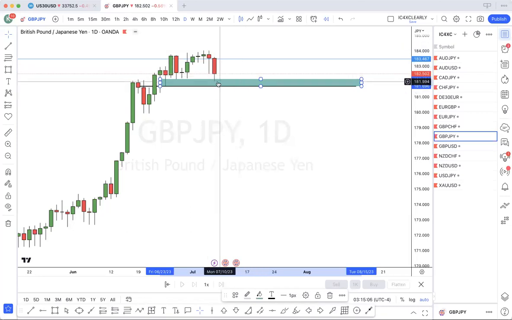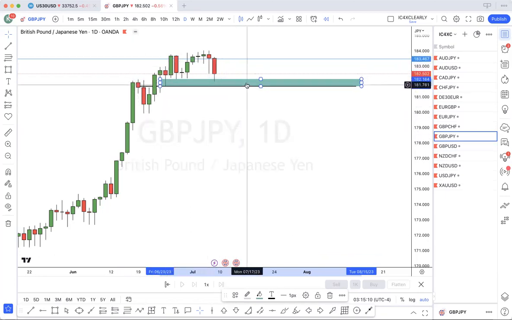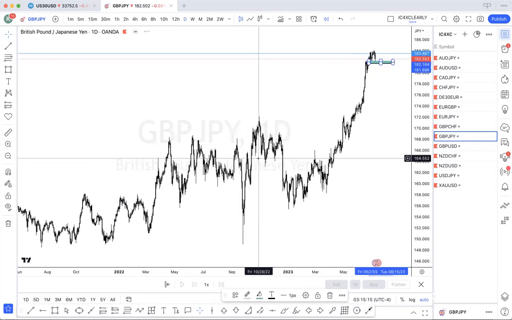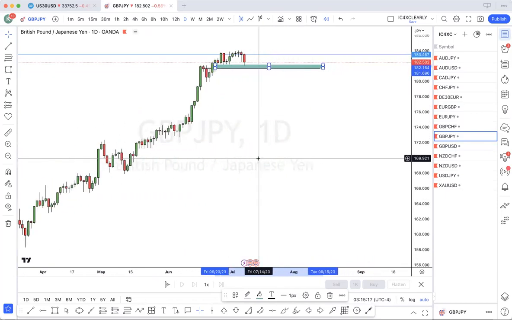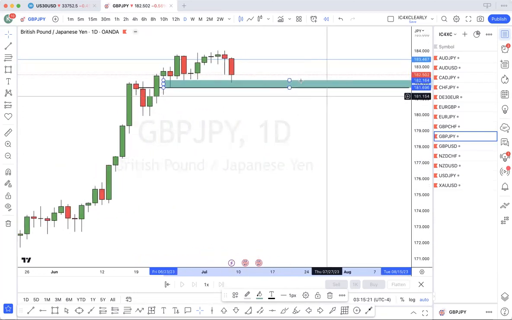Or price is going to break the zone, give you a little mini head and shoulders, and continue selling to the downside. As of right now, price is bullish, so I would buy until I can't buy anymore.